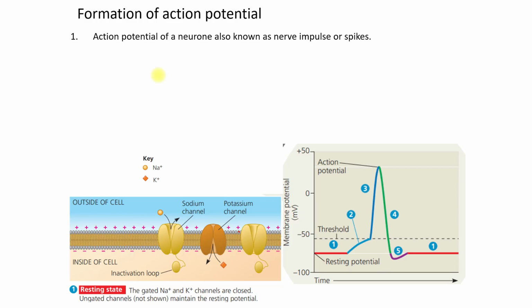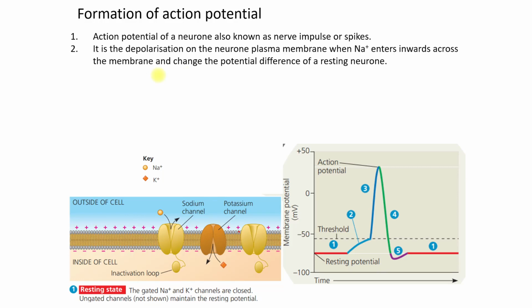Action potential is the depolarization of the neuron plasma membrane. A resting neuron has a plasma membrane that is polarized. Being polarized into depolarized means an impulse is being formed.